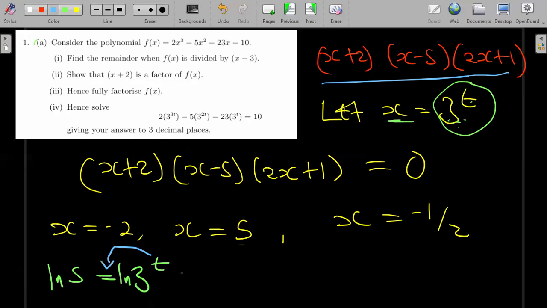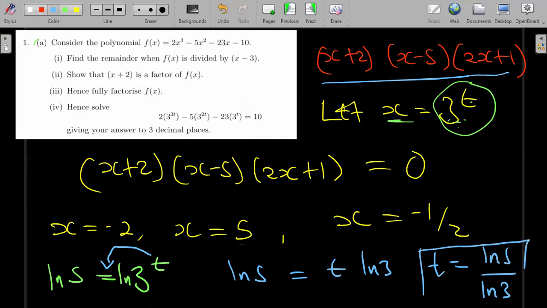So what we're going to have is ln 5 is equal to t times ln 3. And then divide both sides by ln of 3. So t will just be equal to ln of 5 divided by ln of 3. So this one here is our final answer.